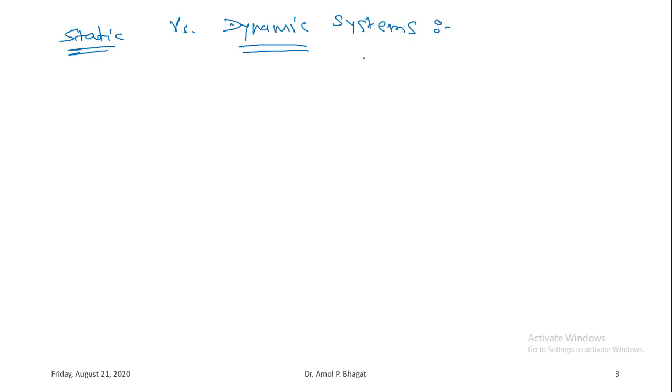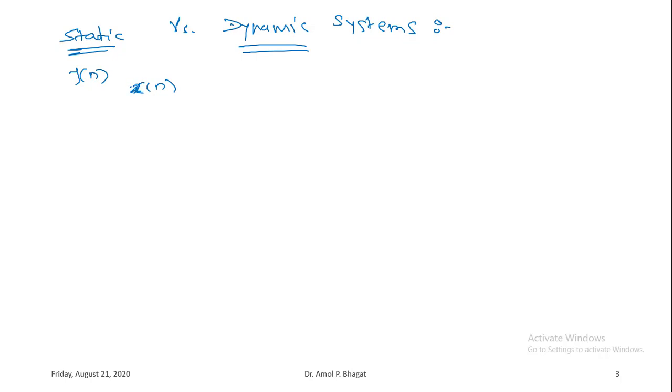So the discrete time system is called static, or it is also referred to as memoryless, if its output, that is y of n, at any instant small n depends only on the input sample at the same time, but not on past or future samples of the input. That means the output y of n should be dependent on input x of n only.